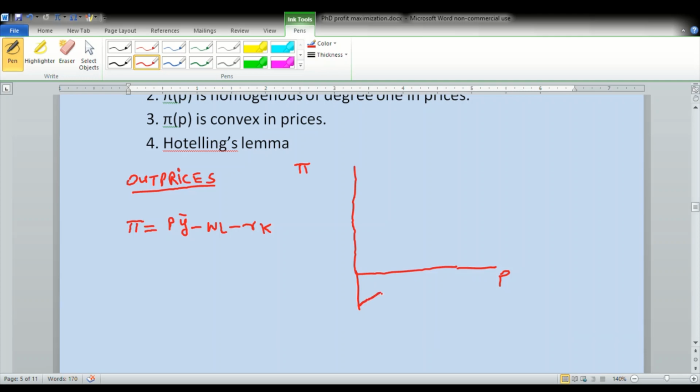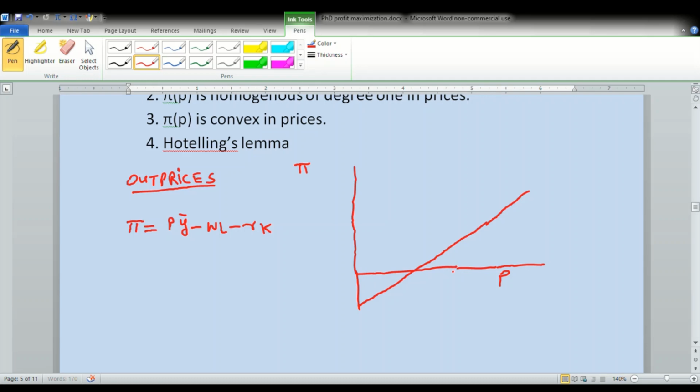So you see that P is changing, y is constant. It is like saying that if we find P, the price of output, increasing.